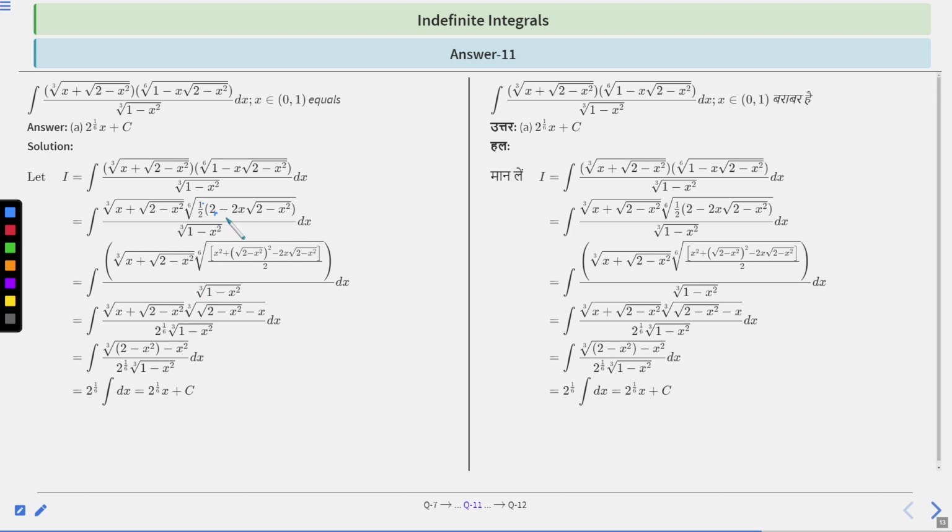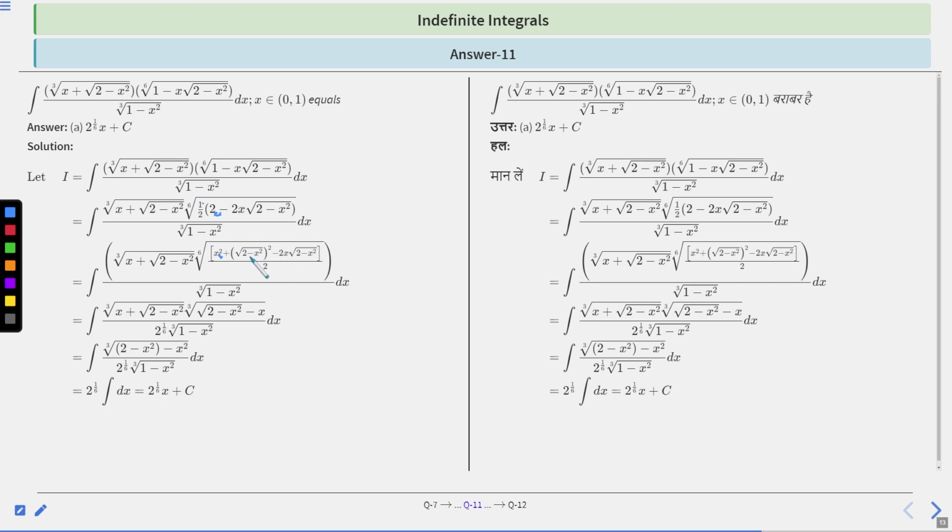So, next step, this whole term will be the same, and this can be written as sixth root of x square plus root over 2 minus x square whole square minus 2x root over 2 minus x square upon 2. Clear? You can see that 2 can be written as x square plus root over 2 minus x square whole square, right?